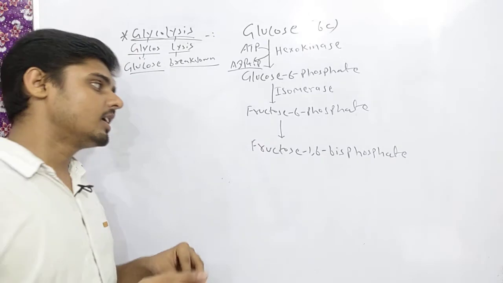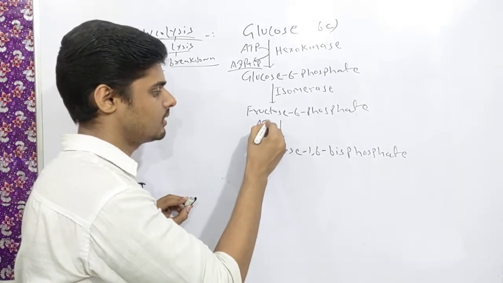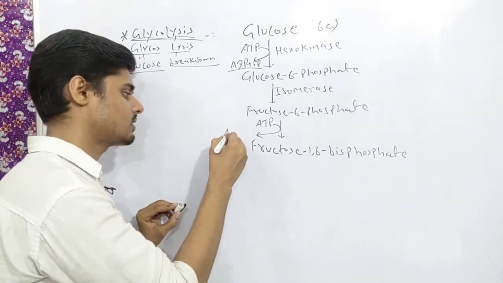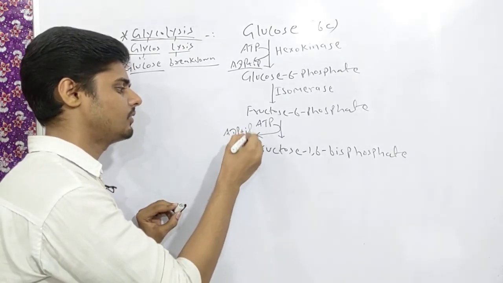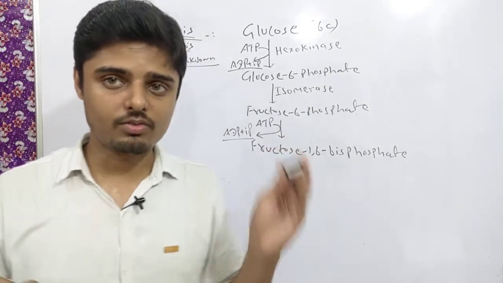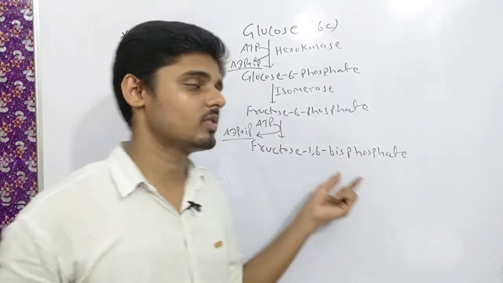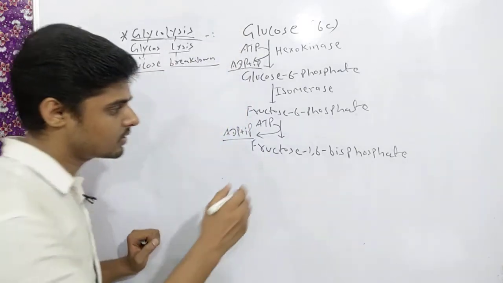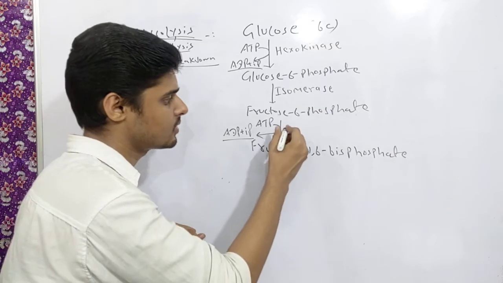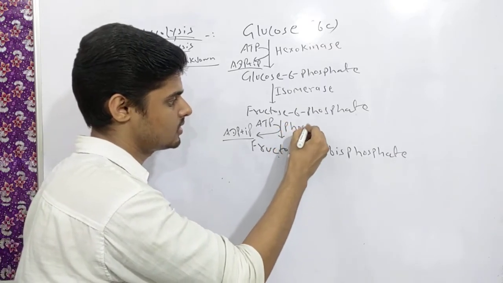This phosphate again comes from the decomposition of ATP. ATP breaks and forms ADP plus inorganic phosphate, and this phosphate gets added at the first position of fructose to form fructose 1,6-bisphosphate. Which enzyme works here? The enzyme phosphofructokinase.